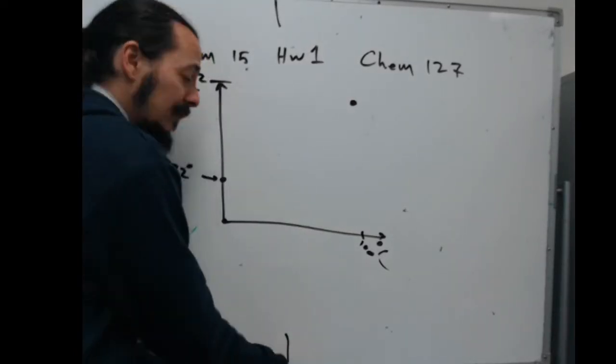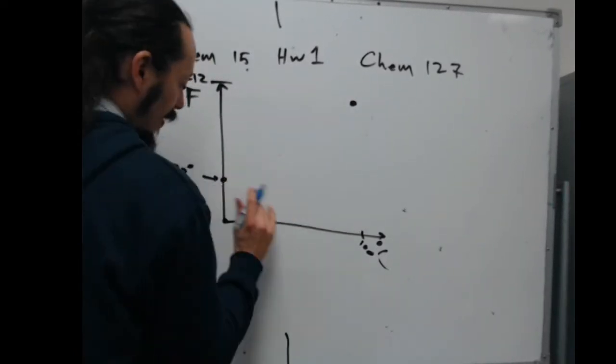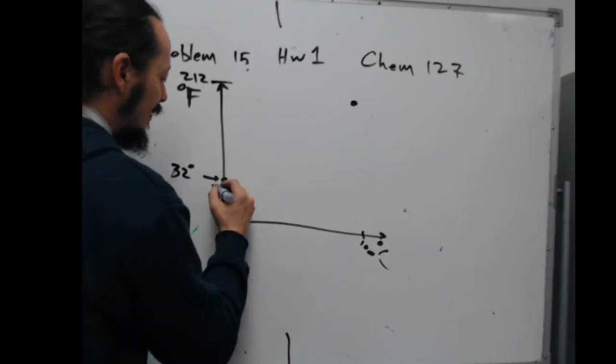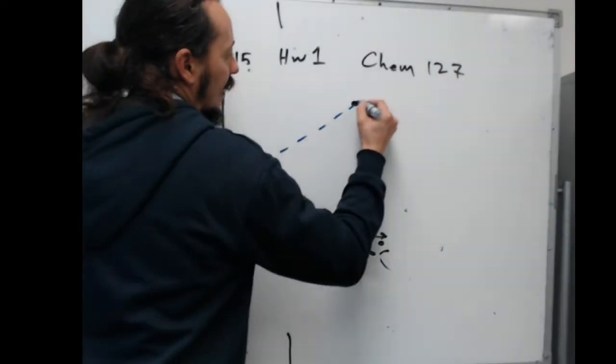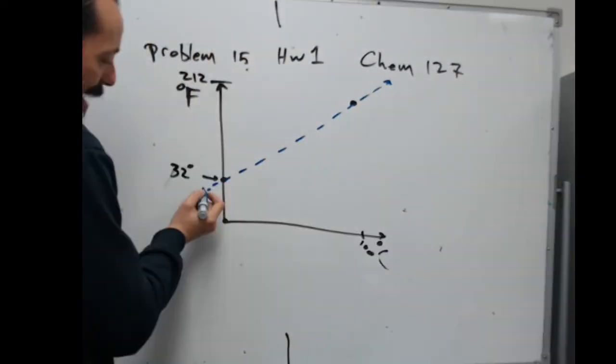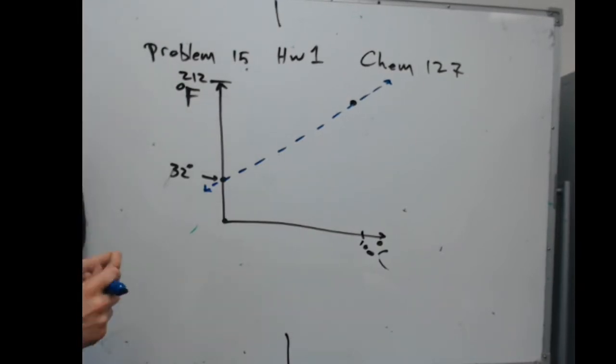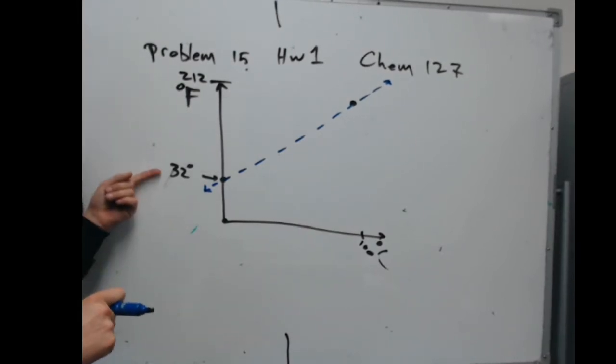With those two data points, we can make a line. This gives us a relationship between Celsius and Fahrenheit. And I picked my axes in an intentional way, so it's easy to figure out the y-intercept.